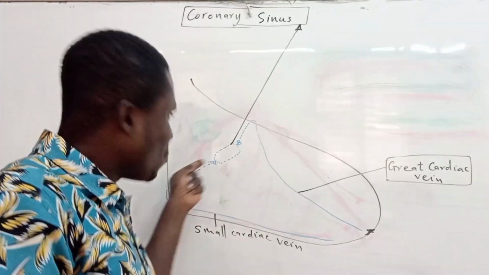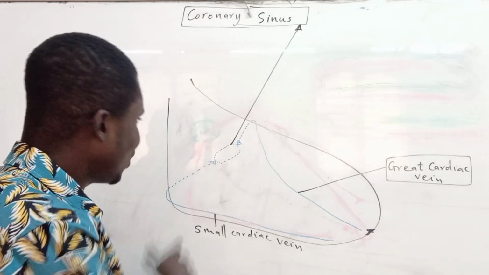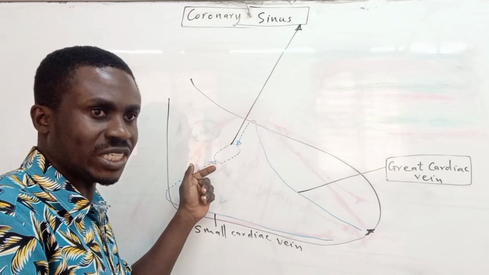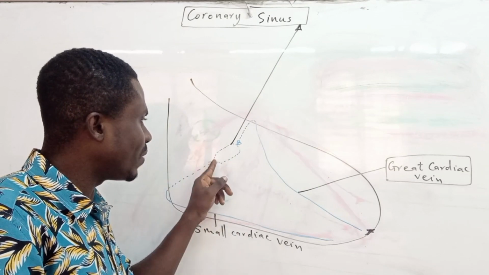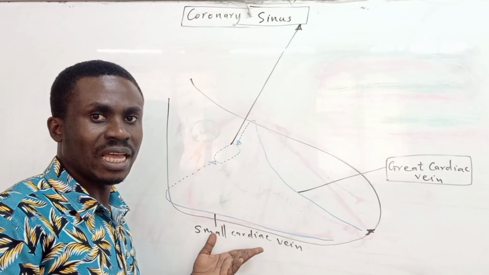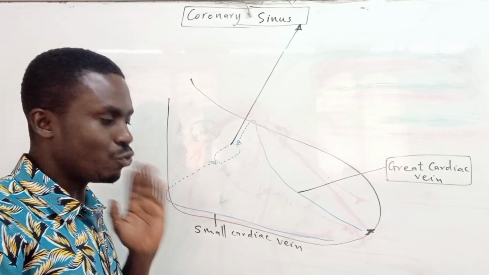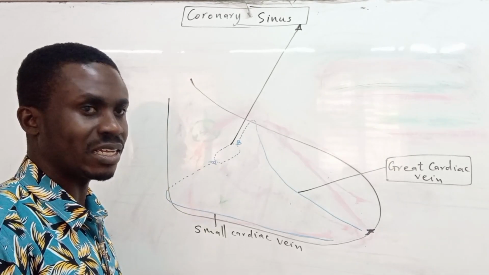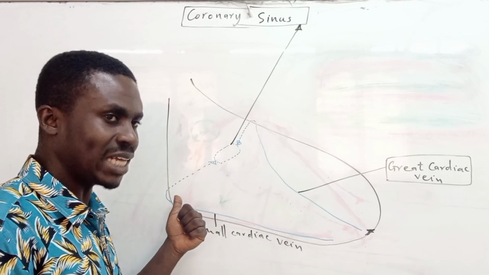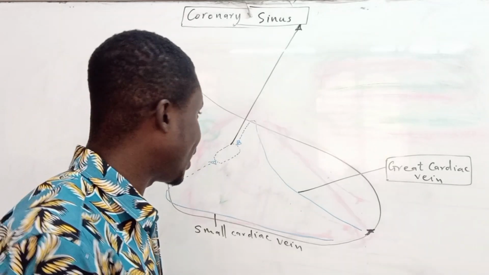The right coronary artery has to go backwards, running through the coronary sulcus over there, and then go this way. And that is why this terminal portion, going to drain into the right portion of the coronary sinus, is going to be accompanied by the right coronary artery. So the two arteries which will accompany the small cardiac vein will be, of course, the right marginal artery and the right coronary artery, the main trunk of the right coronary artery. Good.